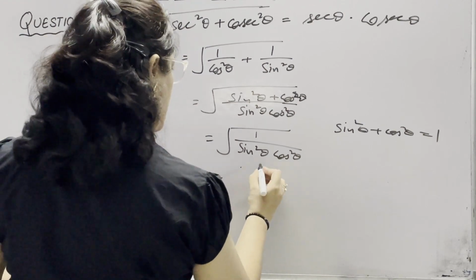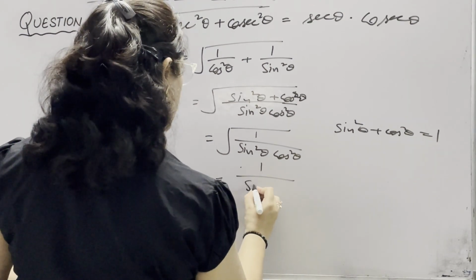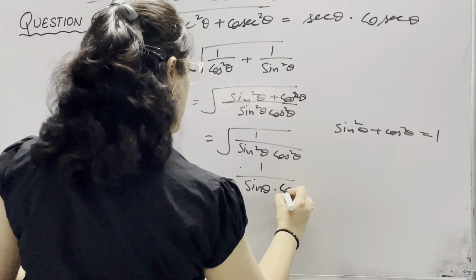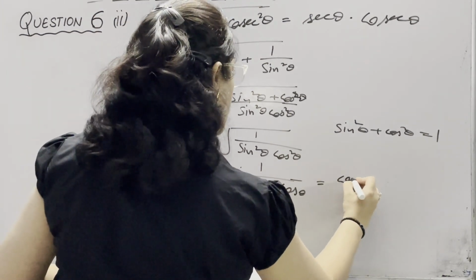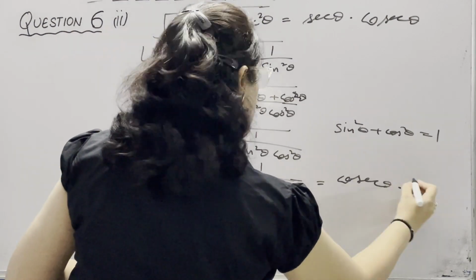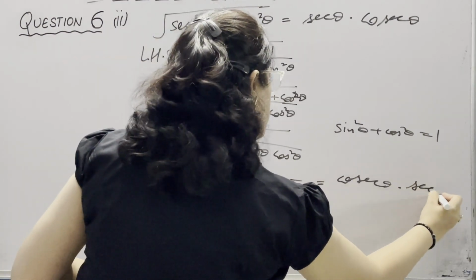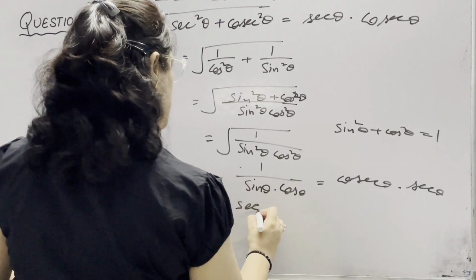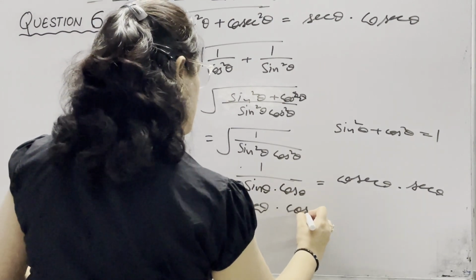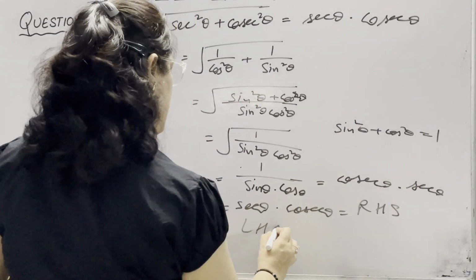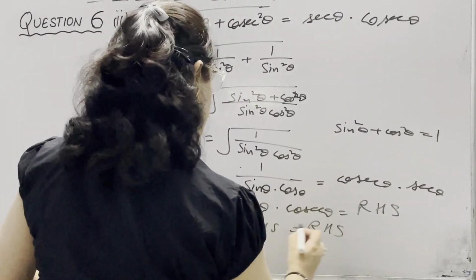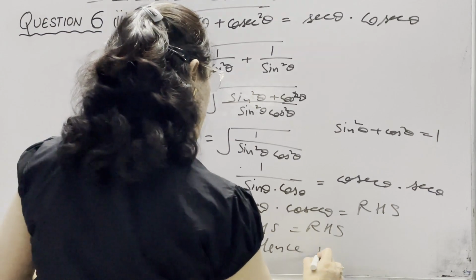So if they come out from under the root, then 1 upon sin theta and cos theta. It means 1 upon sin theta is cosec theta and 1 upon cos theta is sec theta. It means sec theta into cosec theta is equal to the right hand side. So LHS is equal to RHS, hence proved.